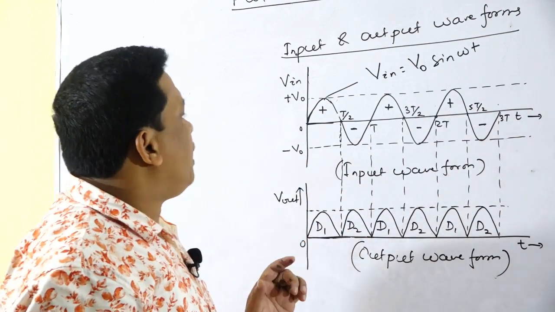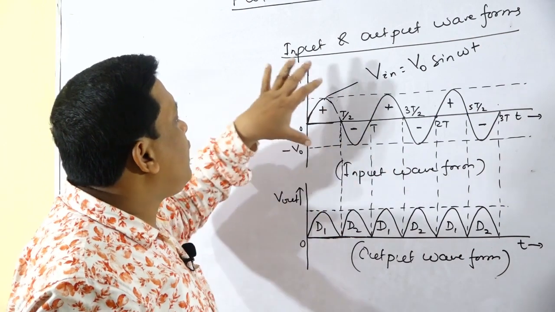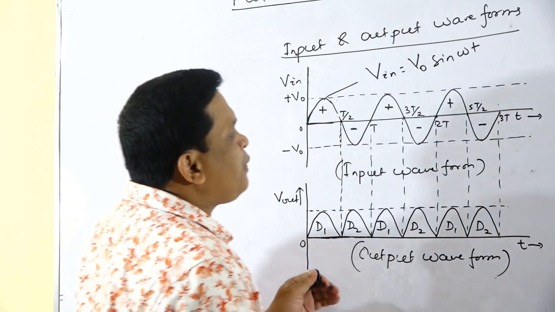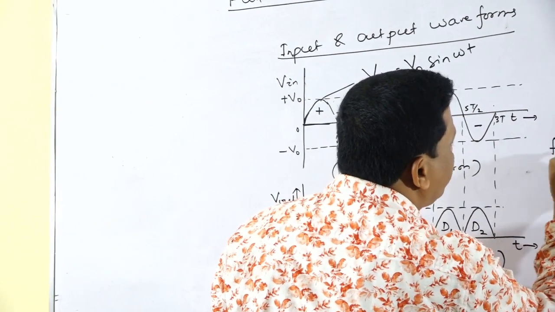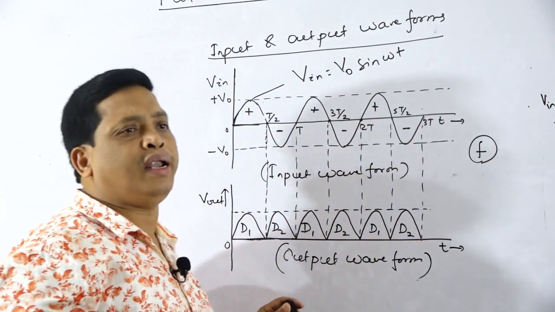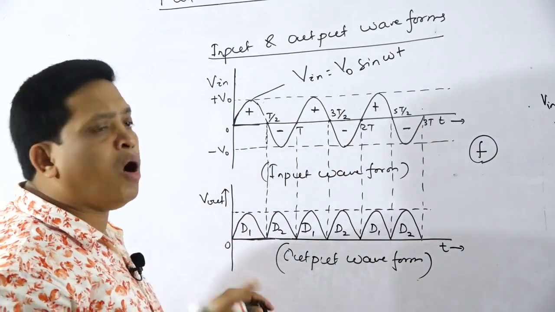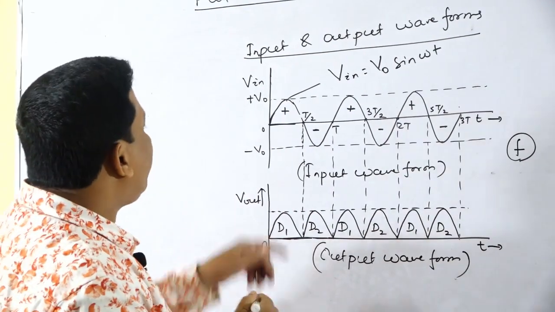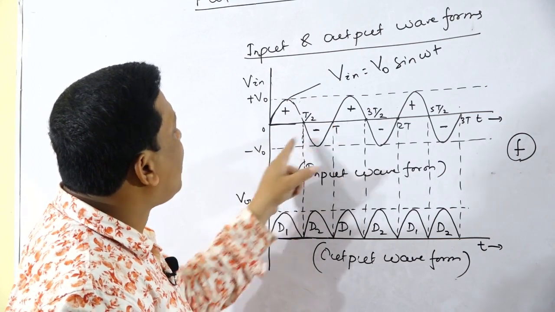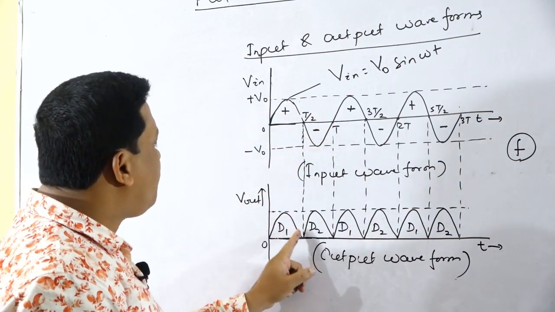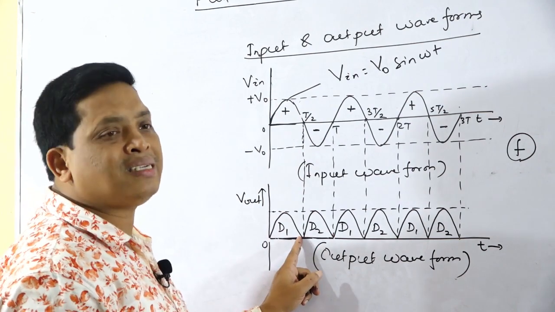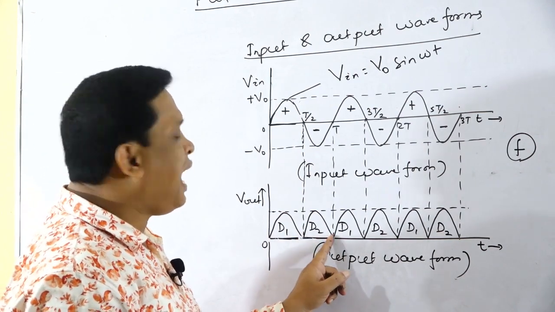Now you compare the frequencies of input voltage and output voltage. Let F be the frequency of input voltage. Then what is the frequency of output voltage? Look here. When the input is completing one cycle, the output is completing two cycles, because this is one cycle, from here to here, and from here to here is another cycle.